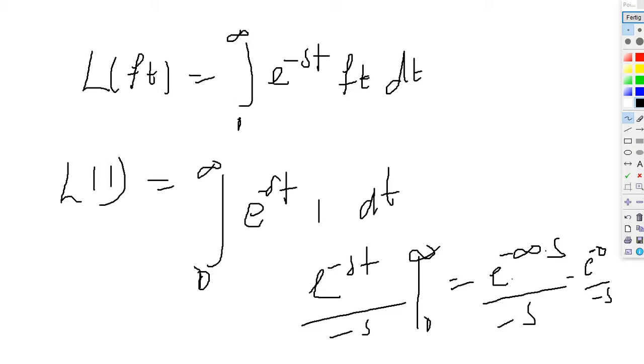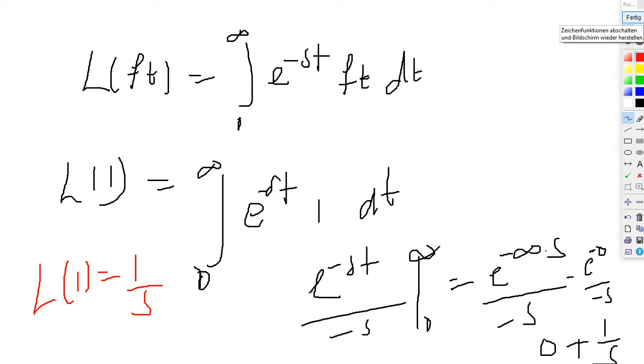Since e to the power minus infinity is 1 by infinity, which equals 0, the first term is 0. The minus and minus make a plus, and the second term is 1 by s. So we get the relation that the Laplace of the constant 1 equals 1 by s. Interesting.